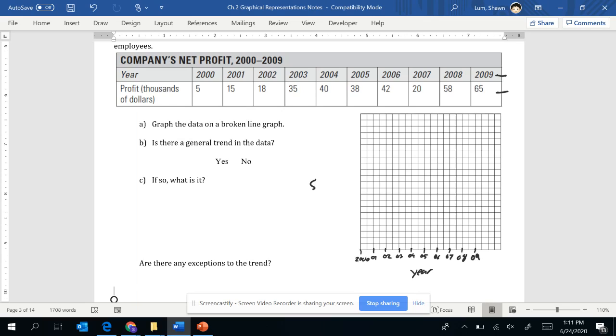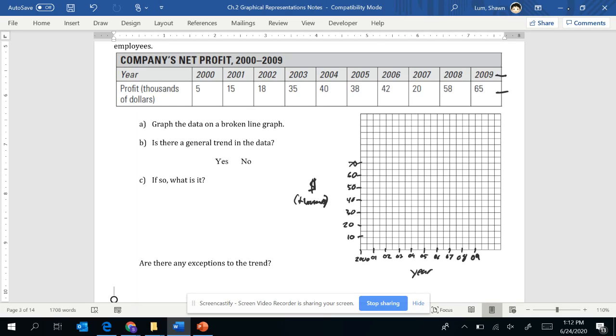So we'll say profit as well in the thousands. And we're going to go up by, let's say, 5s here. Or say 10, 20, 30. Something like that.